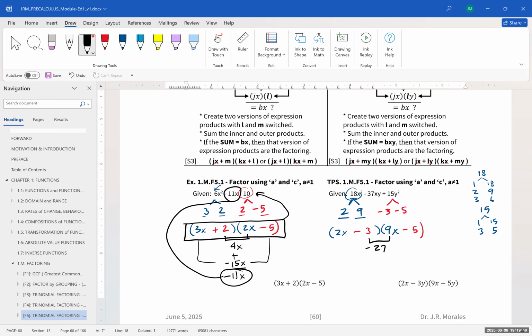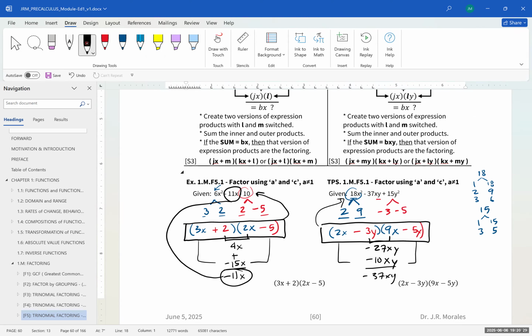We've got negative 27x, and then here we've got negative 10x. Oh, this is an x and a y, so I need to throw in an extra y here, like that and like that. There we go. And that gives us a negative 37xy. So this will be the correct factorization for this one.